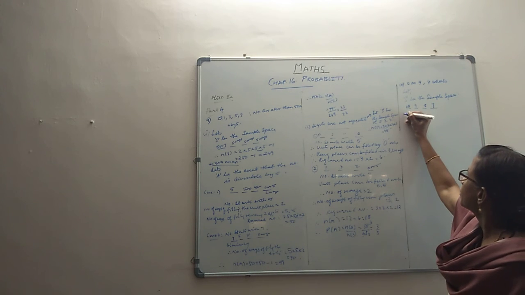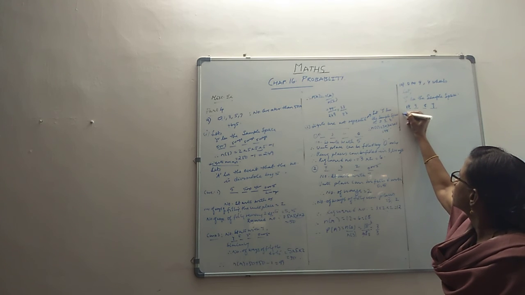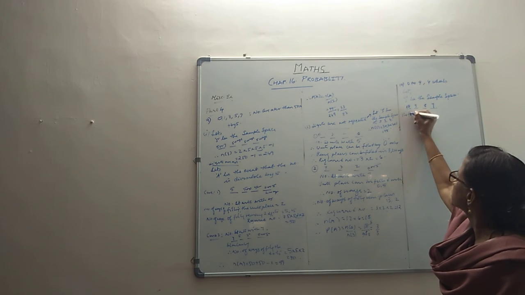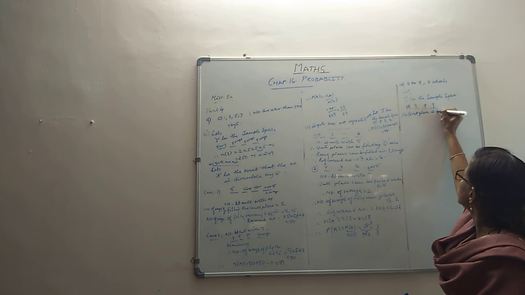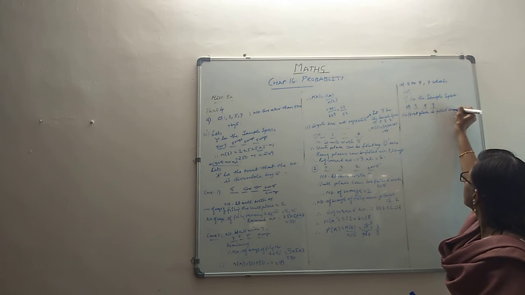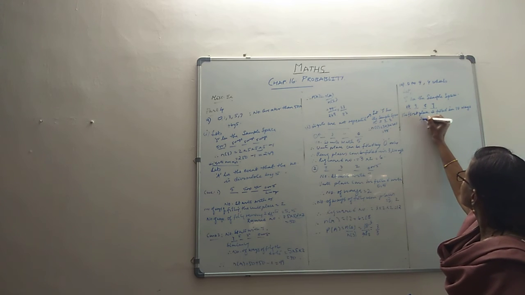So we can write, if you want, a small explanation. The first place is filled in 10 ways from the given digits.